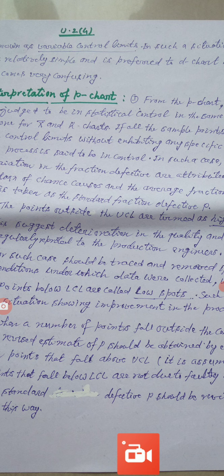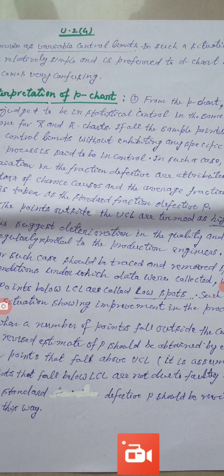So you should keep in your mind that if there is a case of low spots, then it means product quality is improving, and if there is a case of high spots, it means product quality is deteriorating.